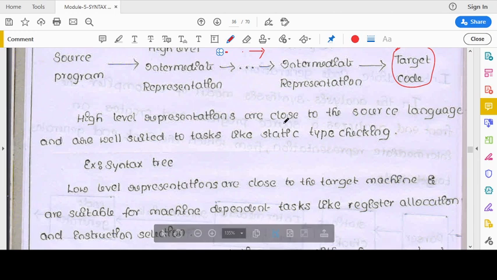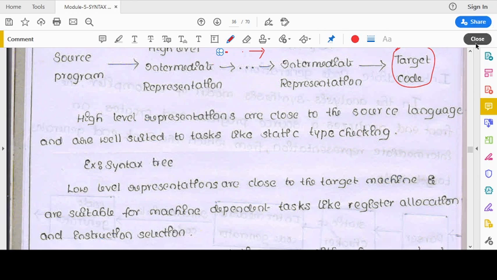High-level representations are close to the source language and are well suited to tasks like syntactic type checking. So the syntax tree is one way of checking whether the given syntax is proper or not.